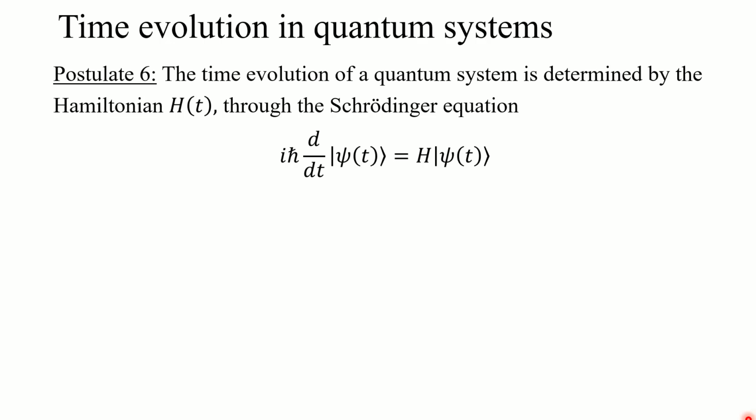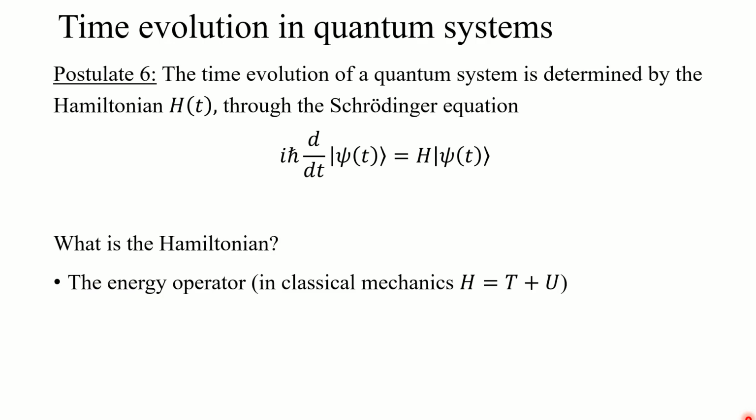So the question then becomes, what is the Hamiltonian? The answer is it's the energy operator. If you've taken classical mechanics, you might recall that the Hamiltonian was just the total energy, the kinetic energy T plus the potential energy U. In quantum mechanics, it's the energy operator.